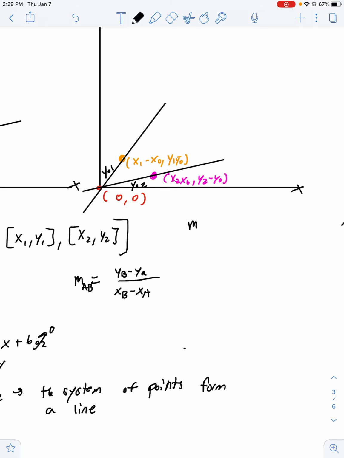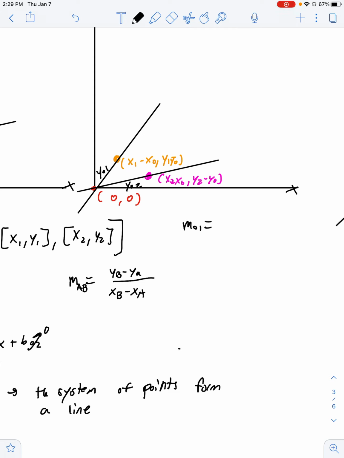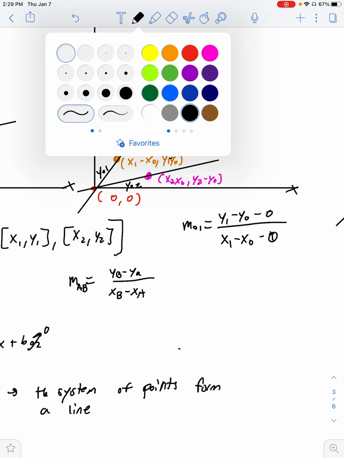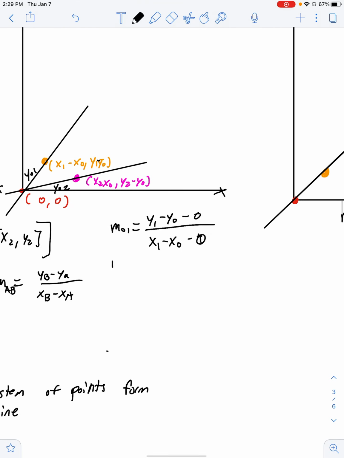So we could say m01 equals y1 minus y0 minus 0 over x1 minus x0 minus 0, and m02 equals y2 minus y0 minus 0 over x2 minus x0 minus 0.